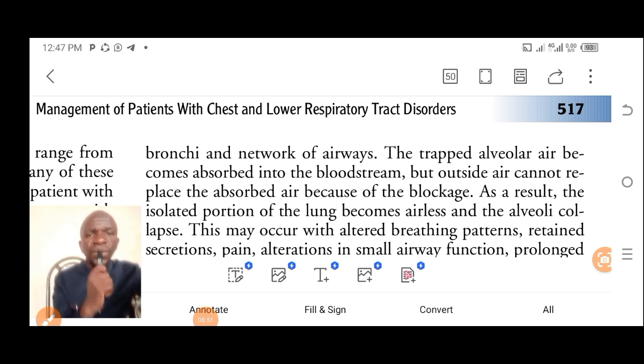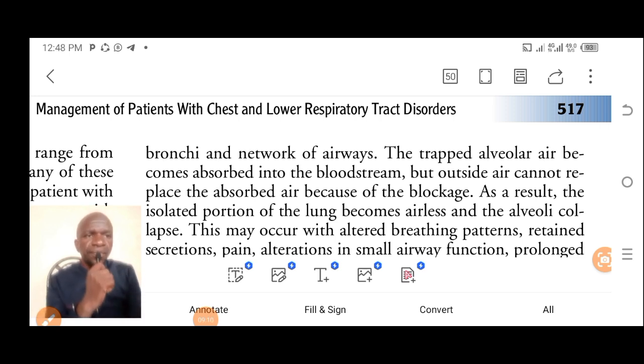Once the alveoli are blocked, no air can enter the alveoli, which are supposed to perform the function of gaseous exchange. Now that becomes problematic.